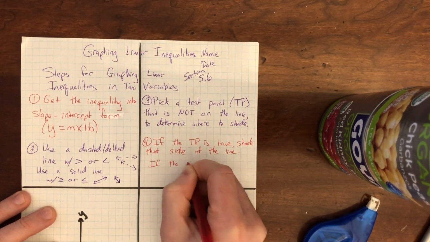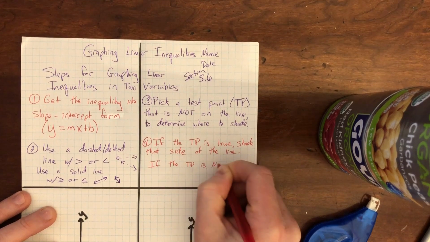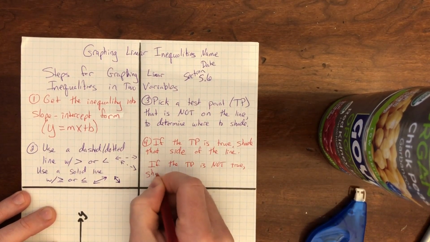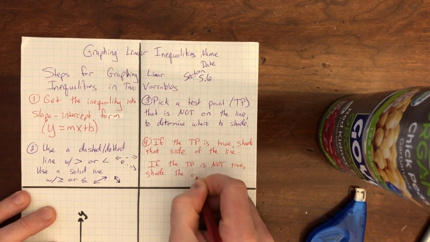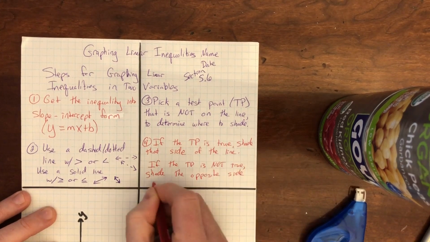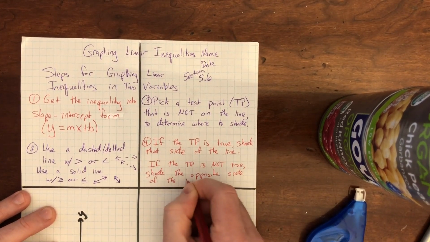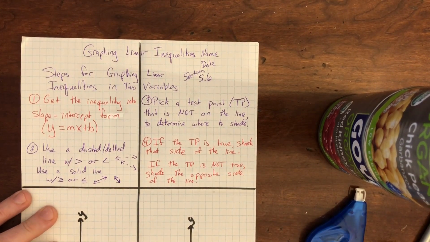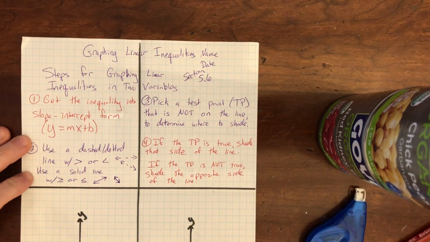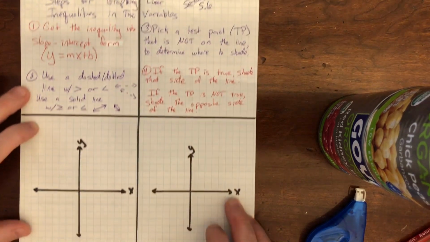If the test point is not true, shade the opposite side of the line. We'll kind of get through this. Just understand that we actually have infinite solutions for these things. So we want to make sure that we do pick a test point and know exactly where we're going to shade. And that shading part's going to come into our highlighters.